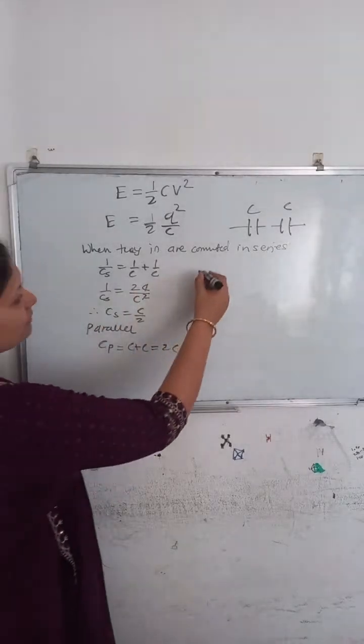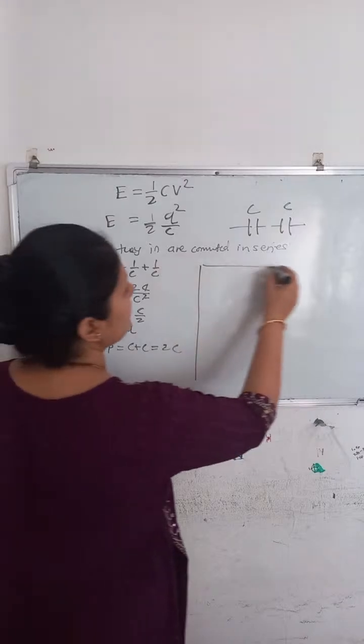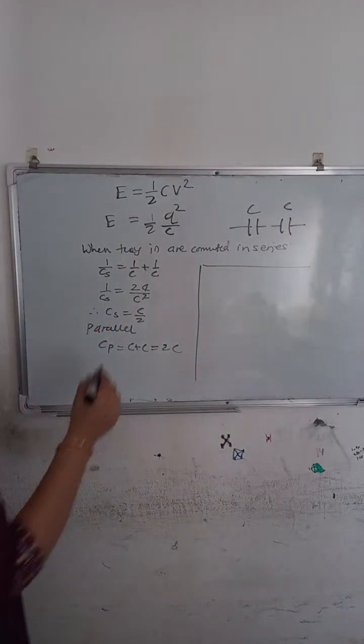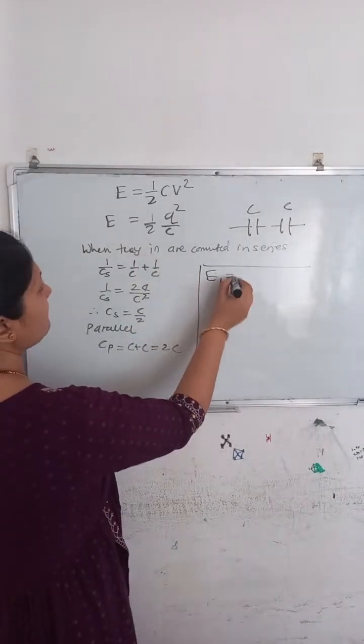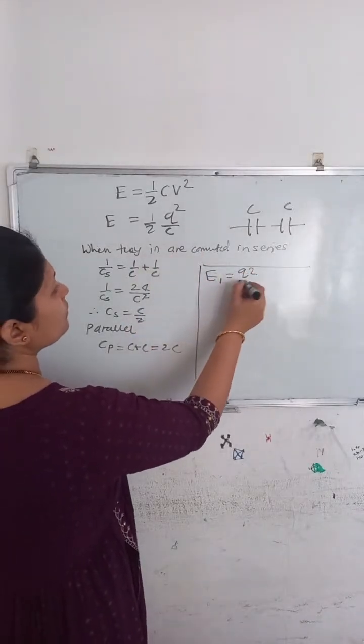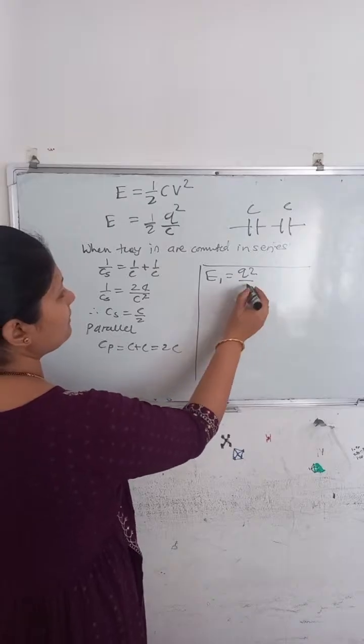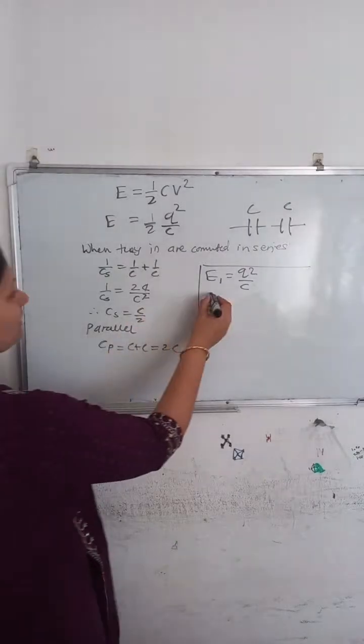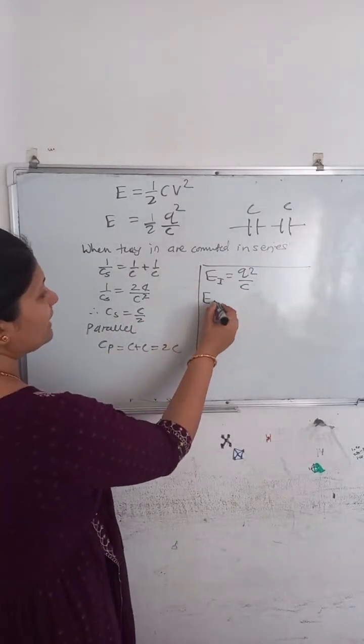The initial energy is Q square by C. And then the final energy, you can take as Ef.